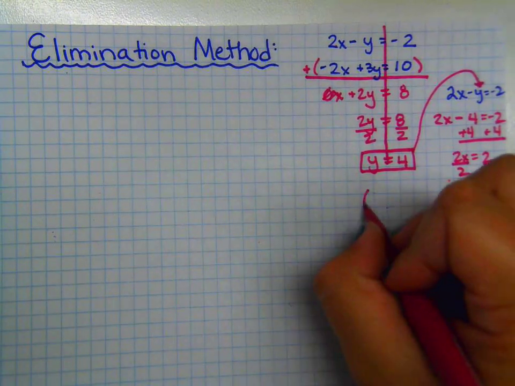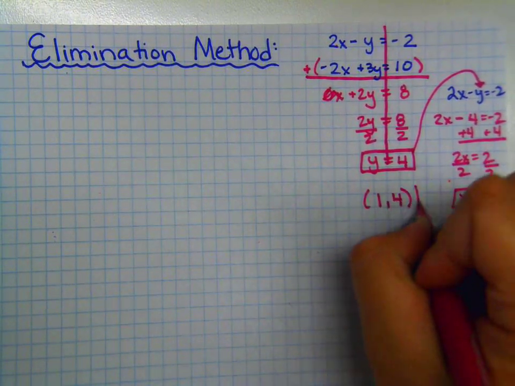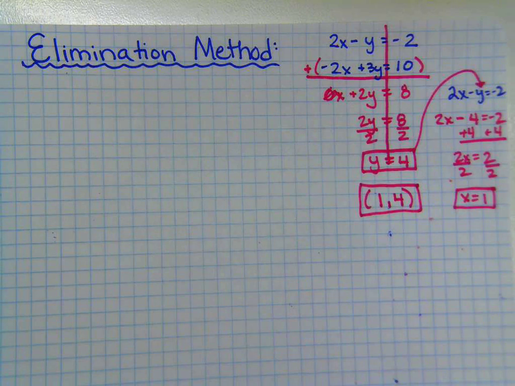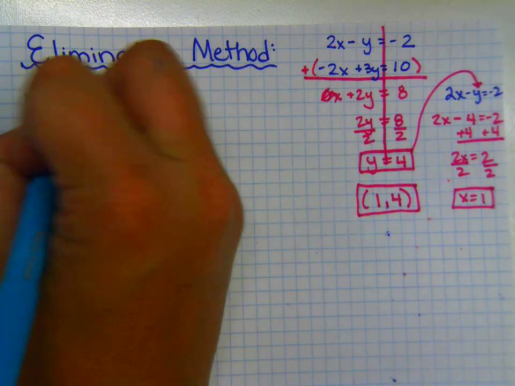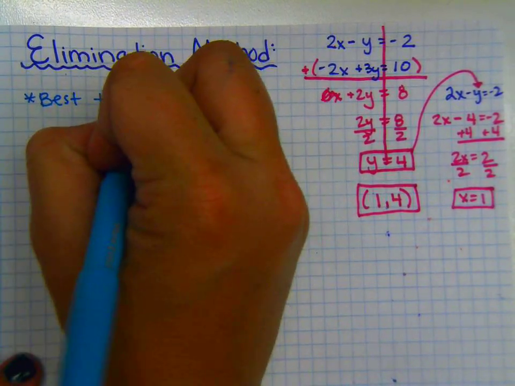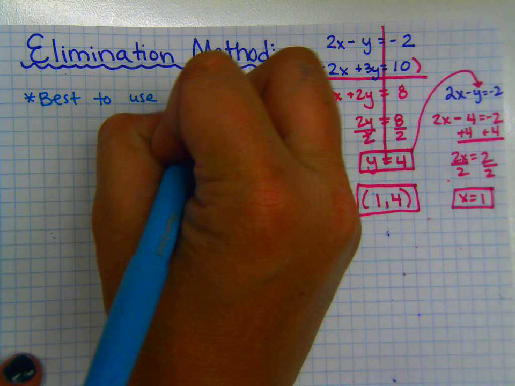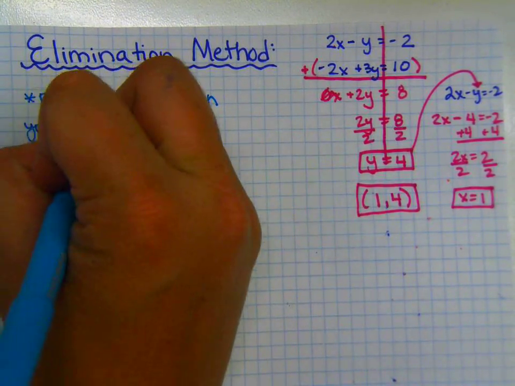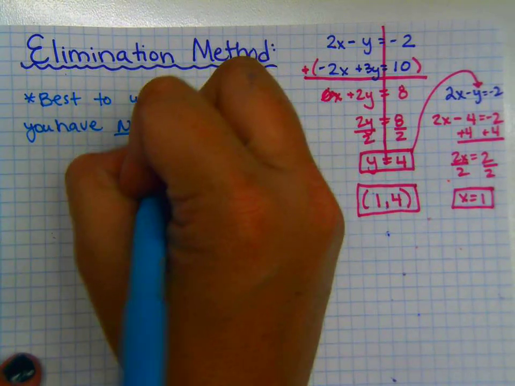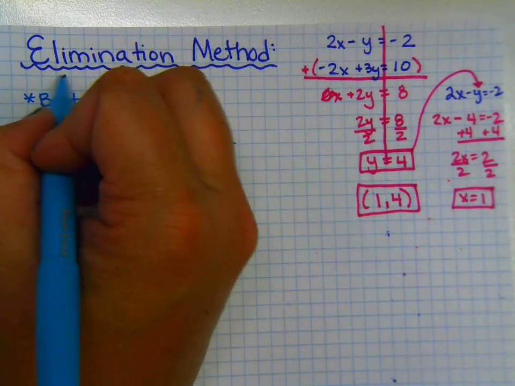That means our answer is 1, 4. And the best time to use this one is when you have no y equals. Okay?